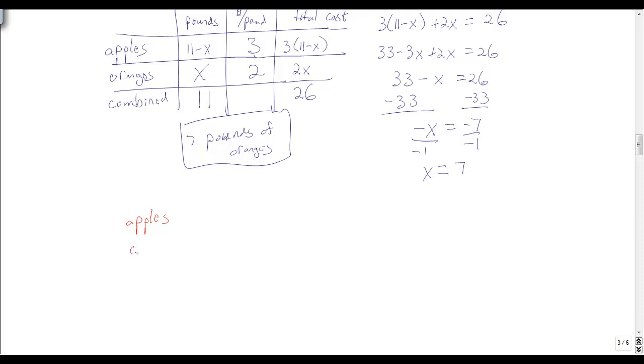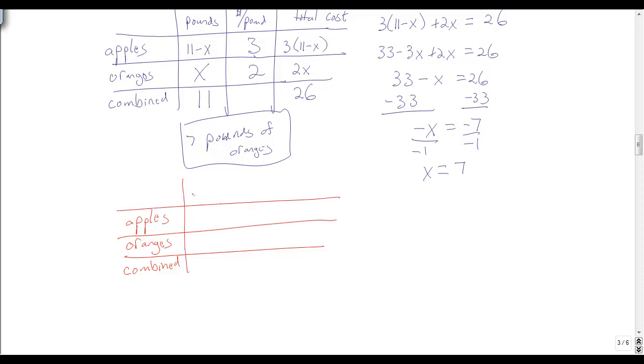So you get apples, whoops, not oranges, oranges, and then combined. And then we have the number of pounds, we have the dollars per pound, and then we have the total cost. So the given information in the problem is the 3, 2, 11, 26.